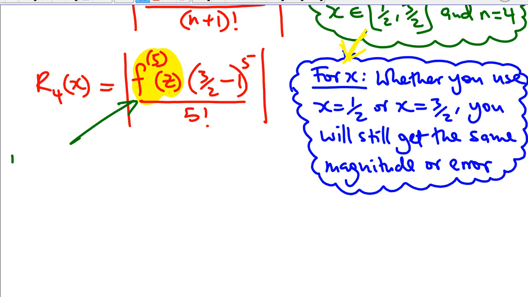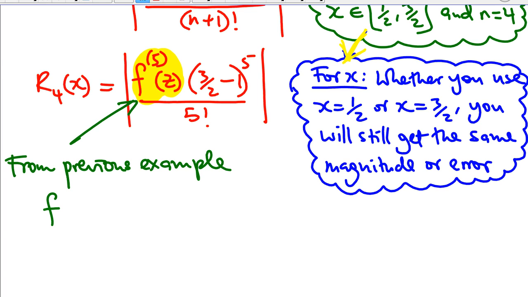When we worked through a similar question, the fifth derivative of this function was 24 over x to the power 5.